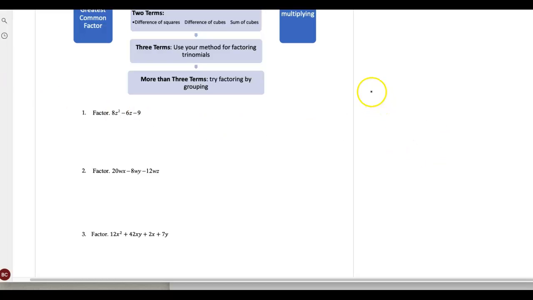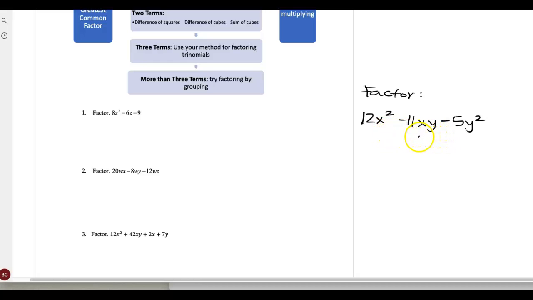So let's do this factoring problem. They said 12x squared minus 11xy, and then minus 5y squared.